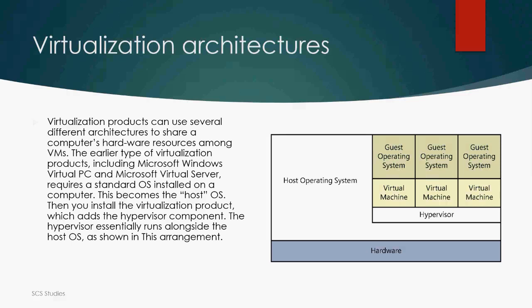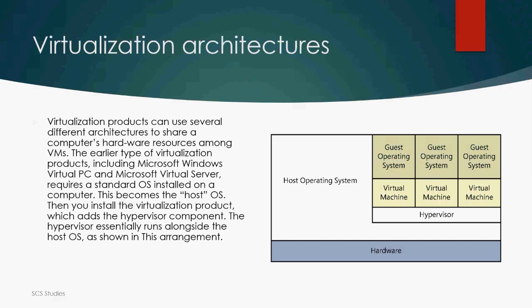Then we need a host operating system. Then you can install a virtualization product, which is Hyper-V in the Microsoft operating system, which adds the hypervisor component. While installing the Hyper-V role, you are actually enabling the hypervisor component on the server. The hypervisor essentially runs outside of the host OS.